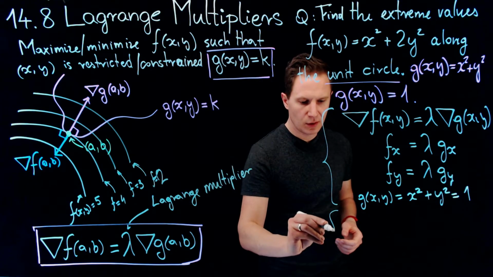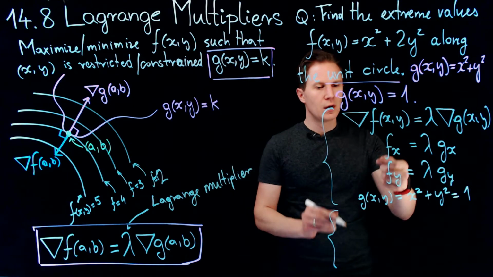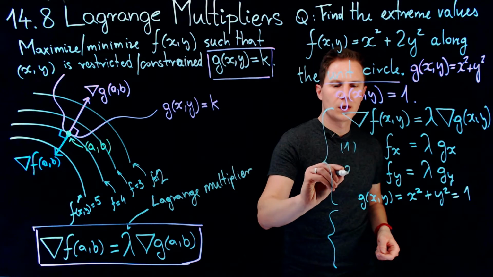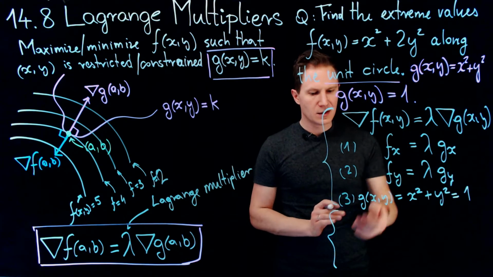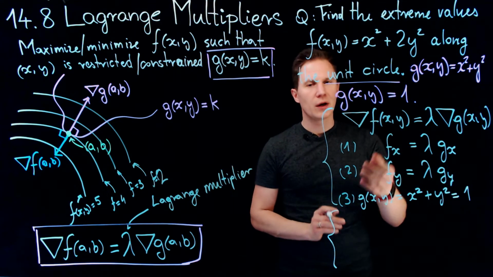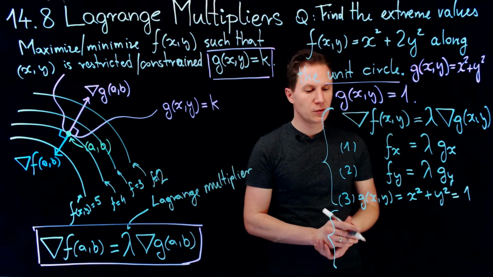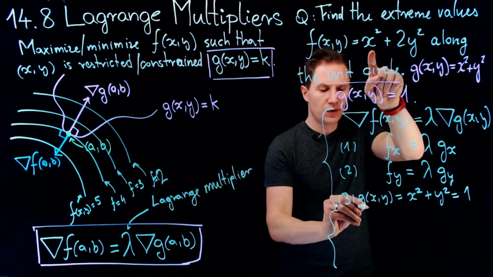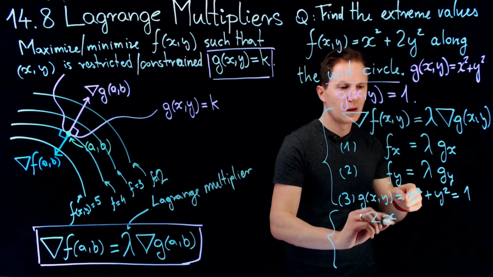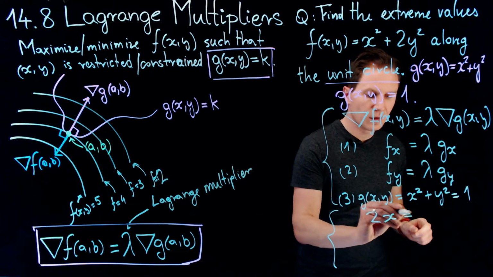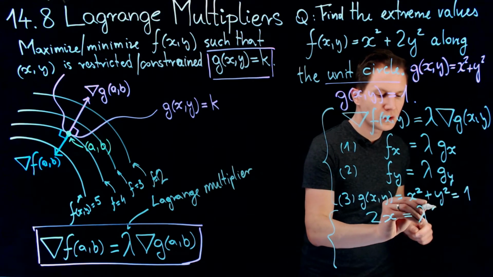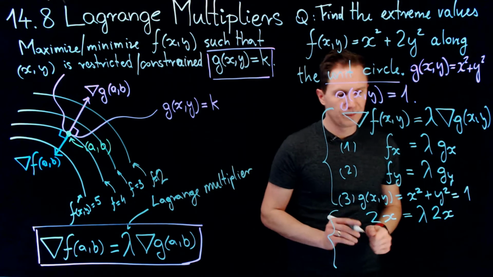So let me just spell out those equations. Let me call them 1, 2, and 3, where 3 is quite obvious. Let's look at 1 and 2. The partial derivative of f with respect to x is 2x. The partial derivative of g with respect to x is also 2x, but we have this Lagrange multiplier, lambda.